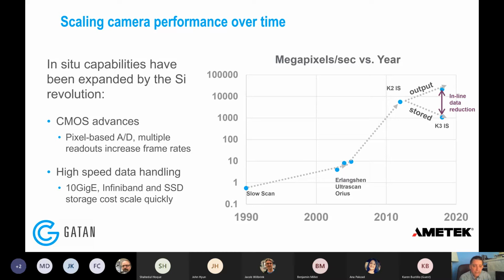And we're really pushing the limit of what is commercially available today, and we expect to be here for some time. But we can support the data rates that you see posted today at Gatan, including K2 and K3. One other note here, you see up on the right-hand side, K2IS set a new benchmark for the output of megapixels of a camera per year.